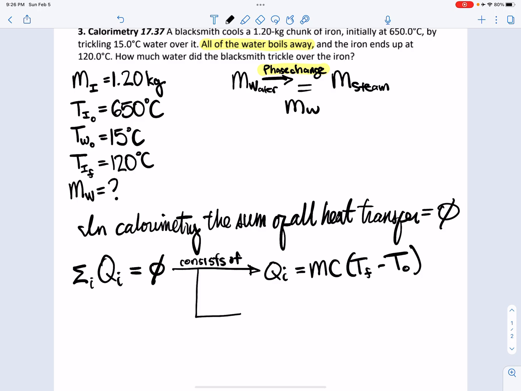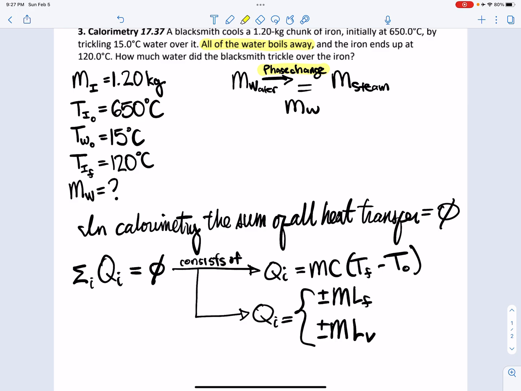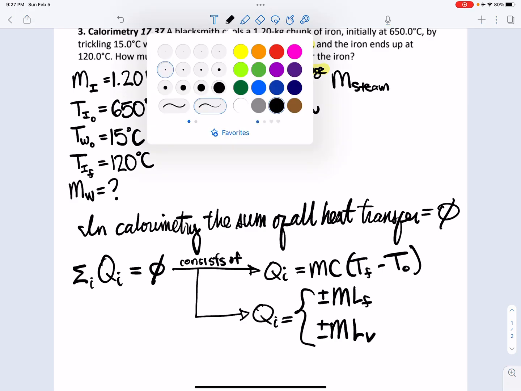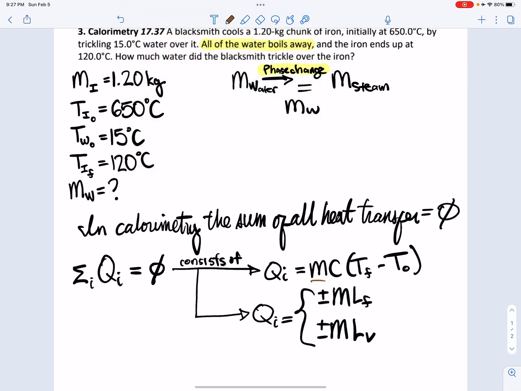And the other Q, or heat transfer, Q i, is equal to plus or minus M L F, plus or minus M L V. So Q consists of the mass multiplied by the specific heat and multiplied by the change in temperature.